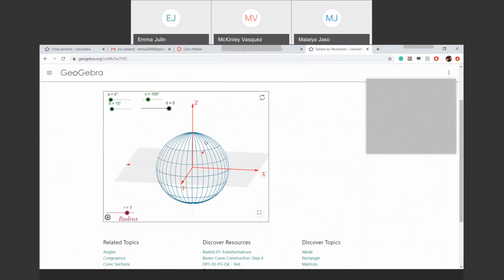Half of the cross section of a sphere would be a half circle. So watch as it spins through. Starting at that half circle, it will build up slowly but surely to create a full sphere. So make sure we write that in our notes as well. I'll go ahead and show you guys how to write that.